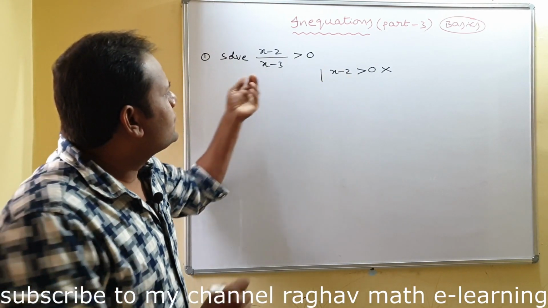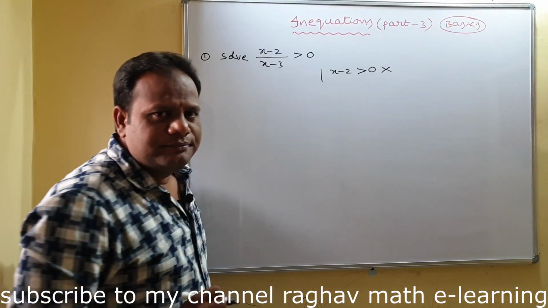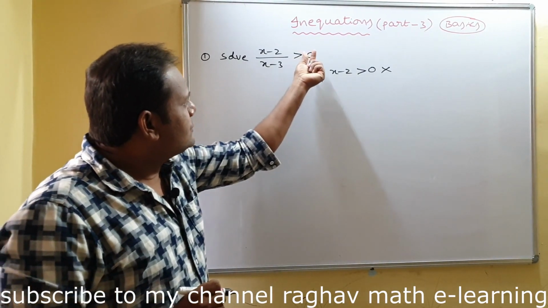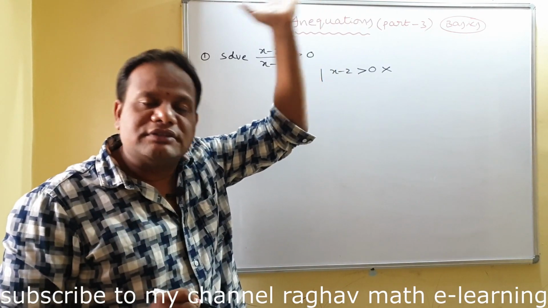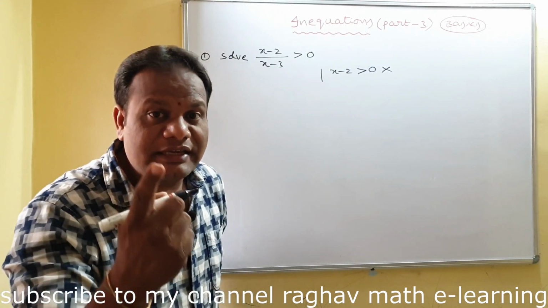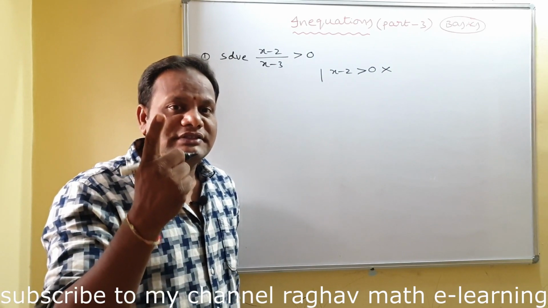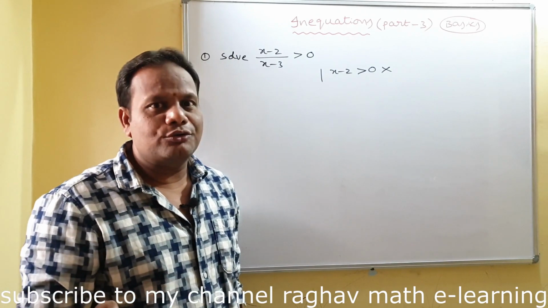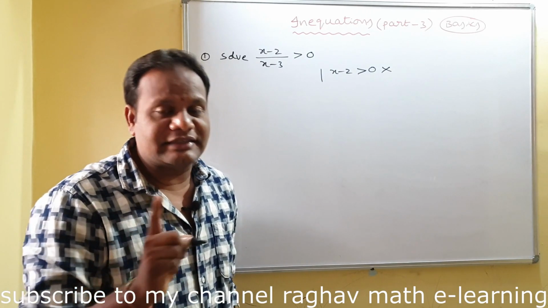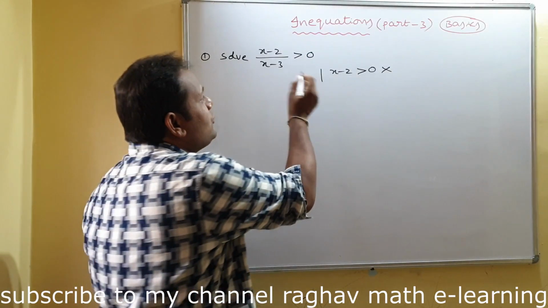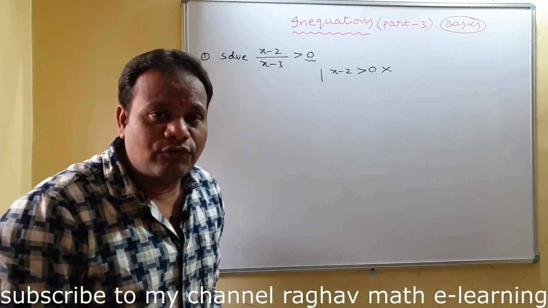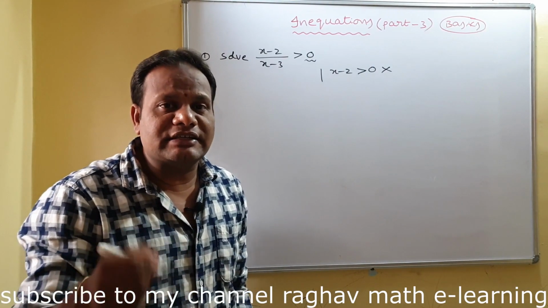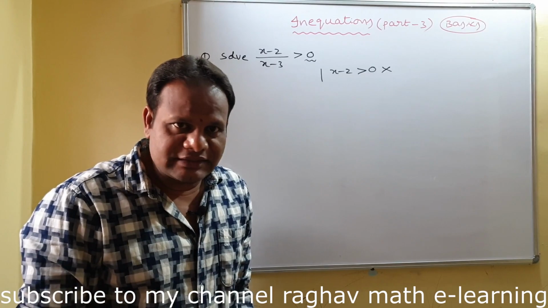If you multiply this with a positive number, then does the inequation sign change? No, the inequation sign doesn't change. But if you multiply this with a negative number, then what will happen? The inequation sign changes.